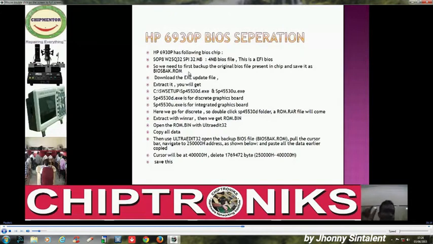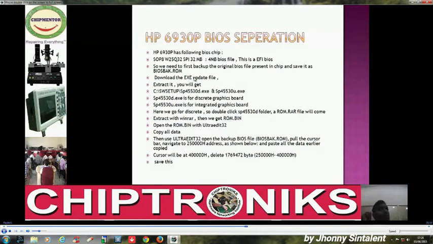In case of EFI BIOS, always remember you have to take a backup from the BIOS chip of the notebook motherboard. The best way to take a backup is to use a programmer. By using the programmer, we'll save the original BIOS as biosback.rom. You got it?